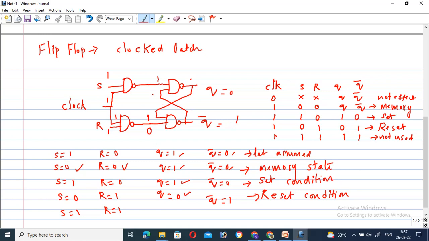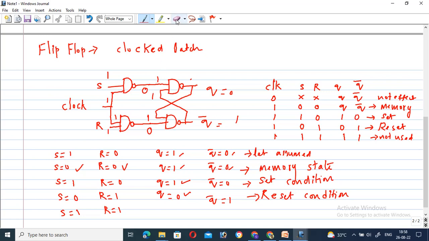This output can be taken here. Now for the 1 1 combination, again both S and R values are equal to 1. So a 1 1 combination produces the output 0. Therefore this value is equal to 0.